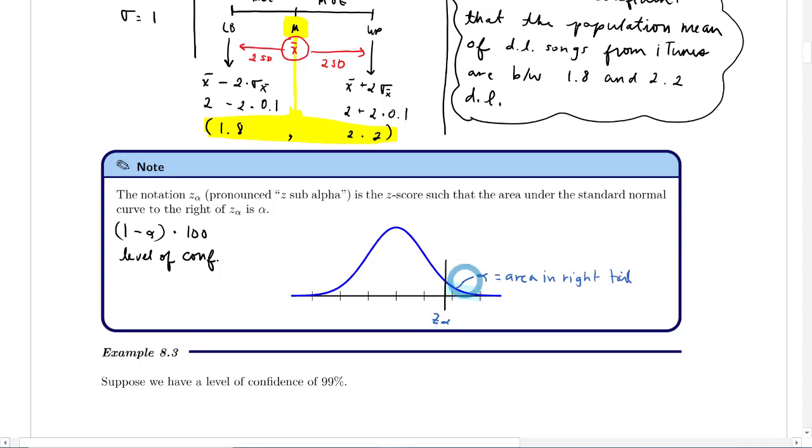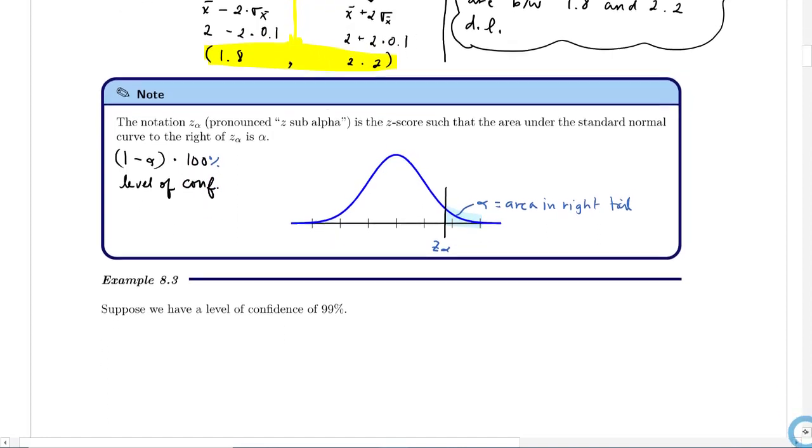So this alpha is the area in the right tail, and it's fairly small. And so if the area was about 5%, I would subtract that from 1 and then multiply it by 100 to get the percent, and that would be the confidence percent.